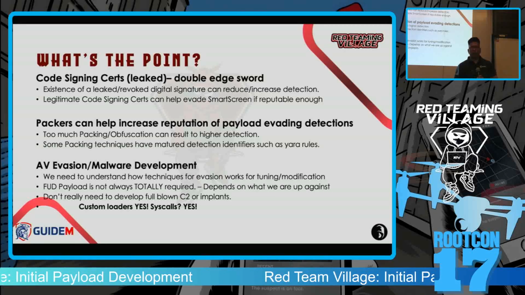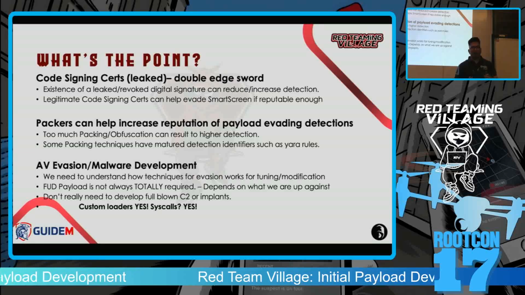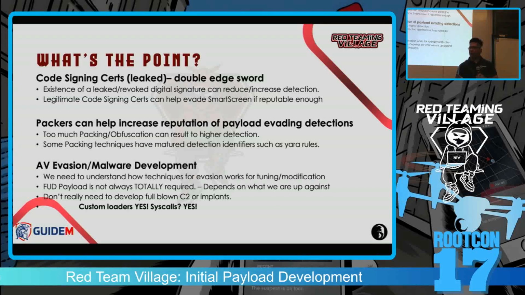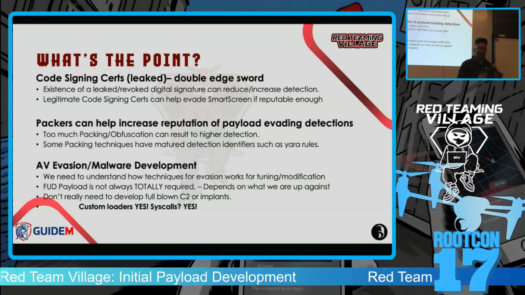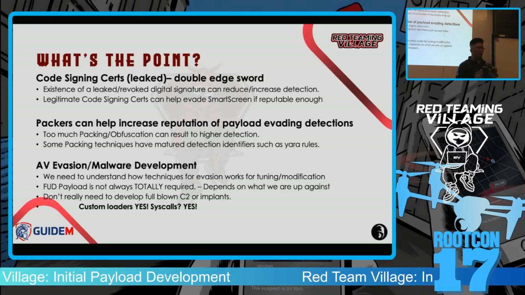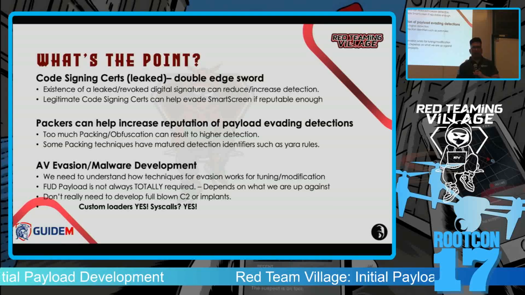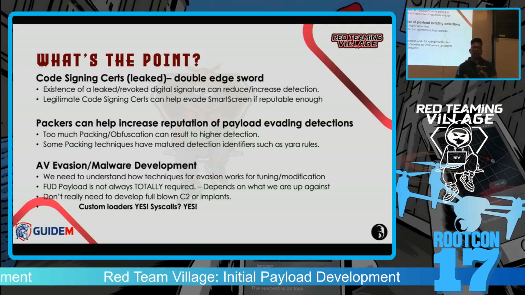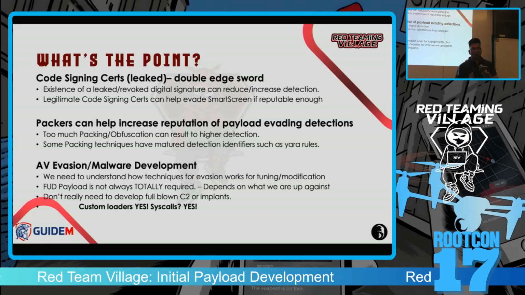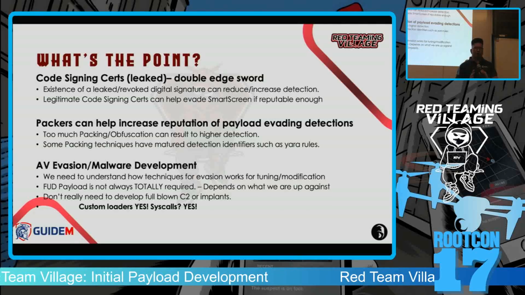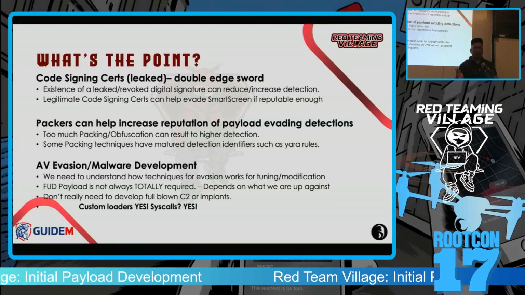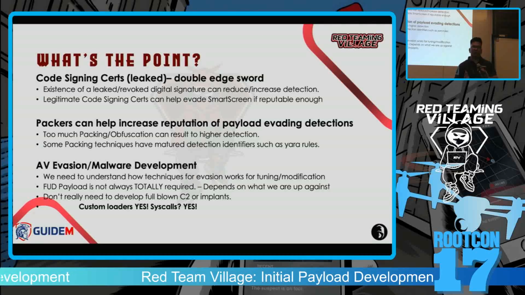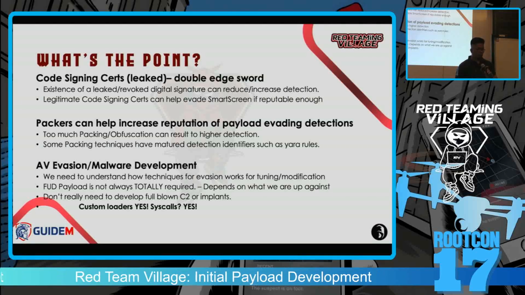For example, through recon we noticed that our target organization used a specific EDR. Then we make a payload targeted to that EDR, because every EDR or AV solution has different ways of detecting malicious activity. If we generalize it, like create a malware based just on the detection, then we would probably get caught.